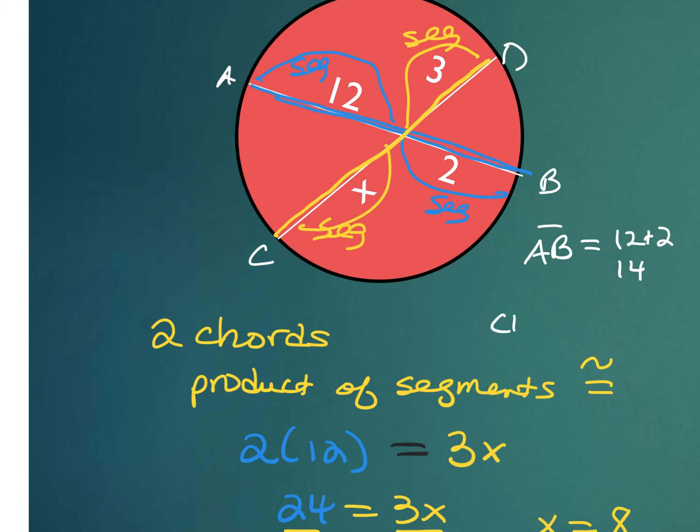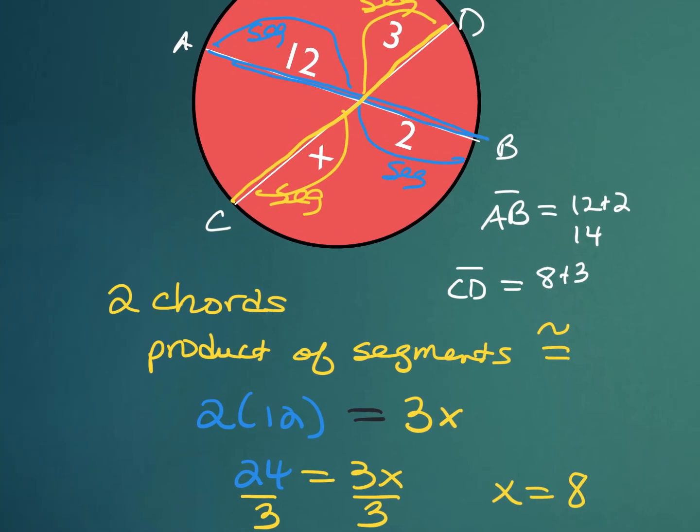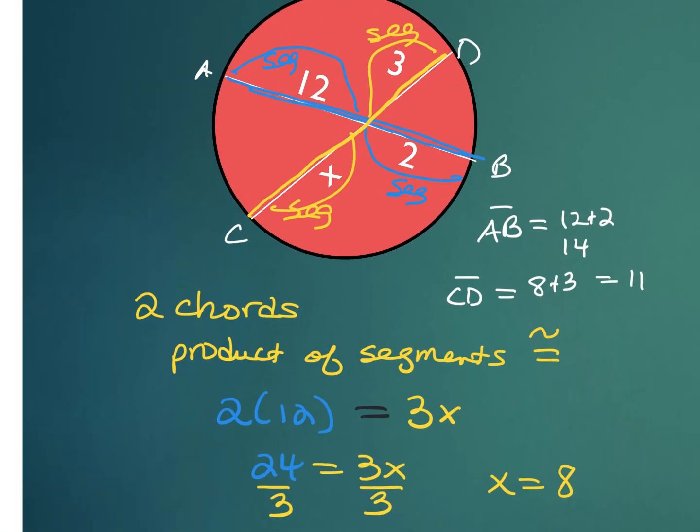Let's say they said also to find CD. We just found x to be 8. So if I do 8 plus 3, you can see that that's going to be 11. Notice the two chord lengths are not congruent, but what's congruent is their products. So just be careful there.